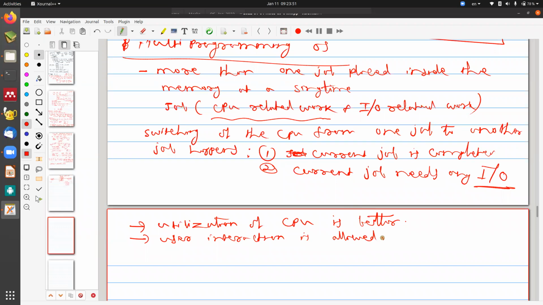Okay, but one problem here: he said unless his IO is required, another process cannot start. Yes or no? Suppose a single process is currently executing and it needs more CPU, a more CPU oriented job. Suppose you have started WordPad and at the same time you have started the VLC player.